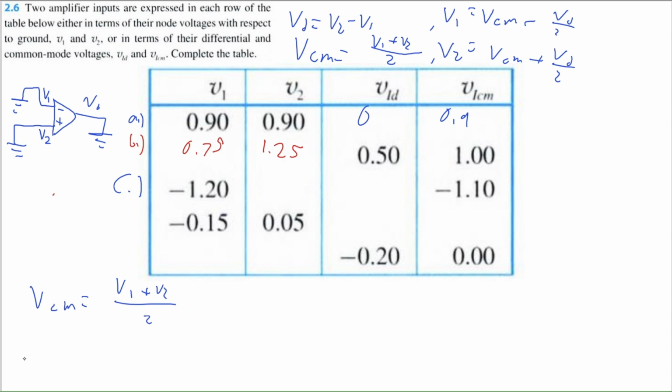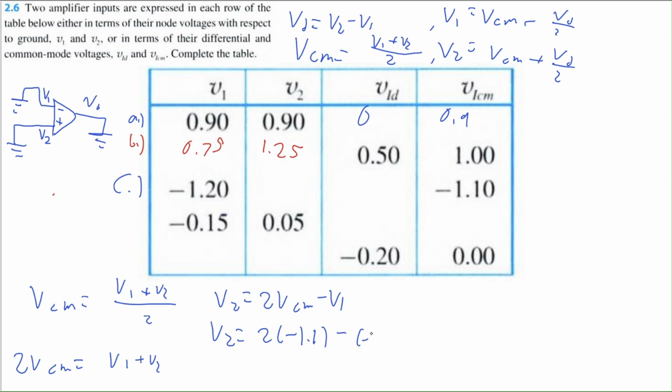If I multiply both sides by 2, we get 2 VCM equals V1 plus V2. Then I just need to subtract V1 to the other side of the equation, so you get V2 equals 2 VCM minus V1. Therefore, V2 is equal to 2 times my VCM, negative 1.1, minus V1, which is negative 1.2.